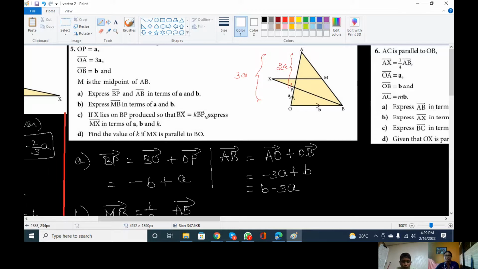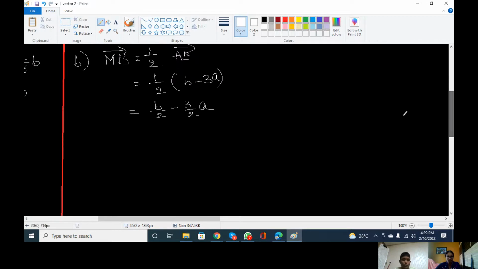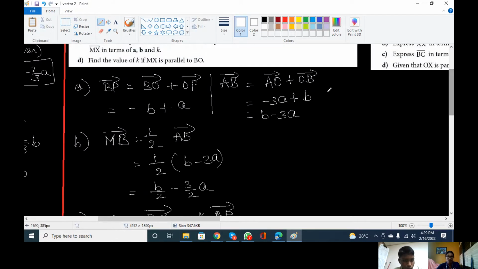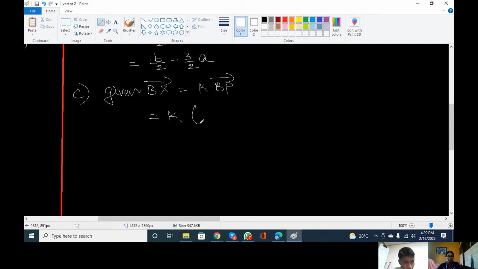Given that BX is equal to KBP, we know BP, and BP here is negative B plus A, which is nothing but KA minus KB.